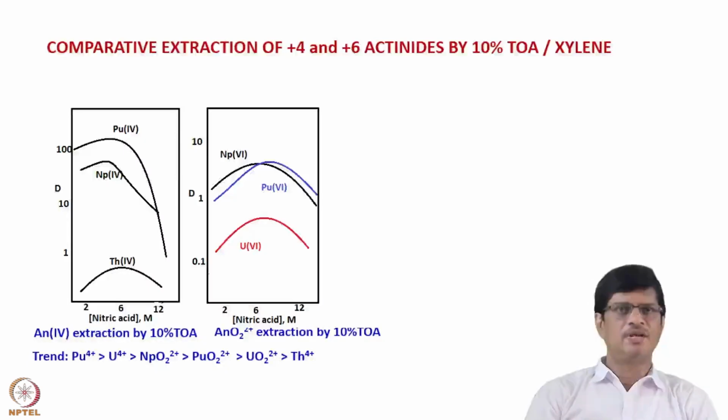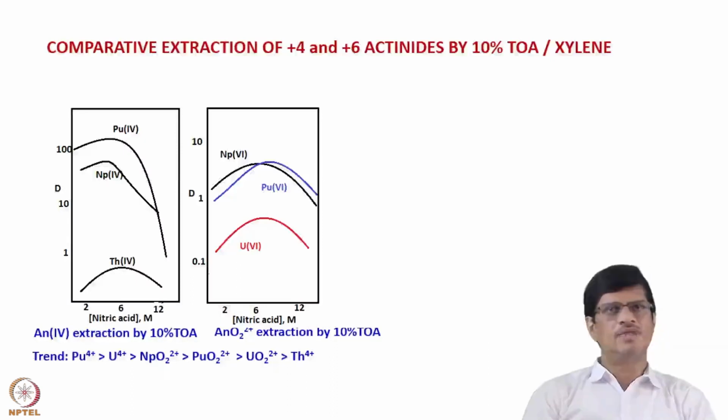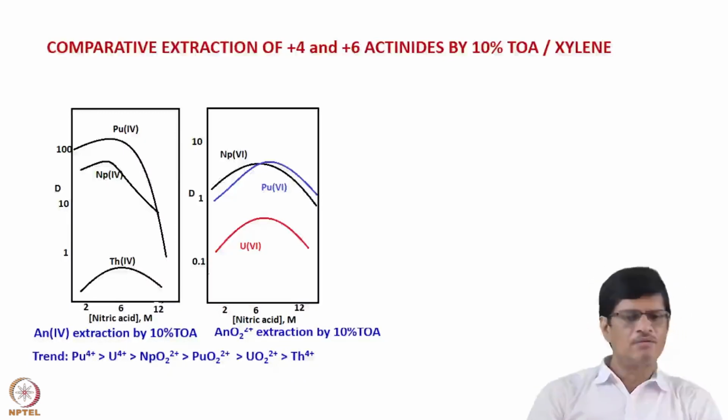You can see here the left side figure gives the extraction profiles using 10% trioctylamine in xylene, and you see that plutonium 4 extraction is higher than that of neptunium, and then that of thorium are shown here.